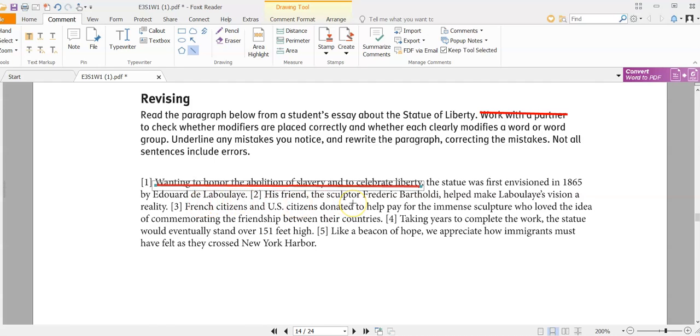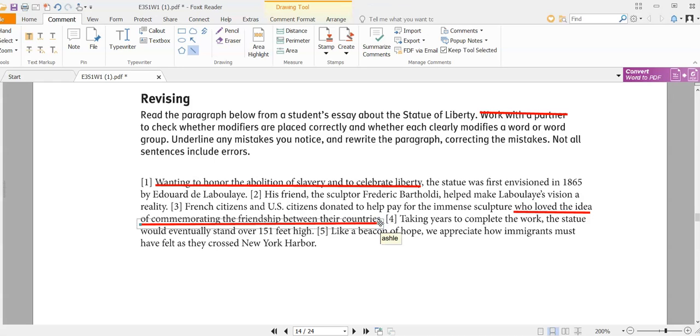His friend, the sculptor Frederick Bartholdi, so sculptor describes friend, helped make Laboulaye's vision a reality. So that all makes sense. That sentence is fine. French citizens and U.S. citizens donated to help pay for the immense sculpture who loved the idea. Wait a minute, the sculpture loved the idea? That doesn't make any sense. Who loved the idea of commemorating the friendship between their countries.